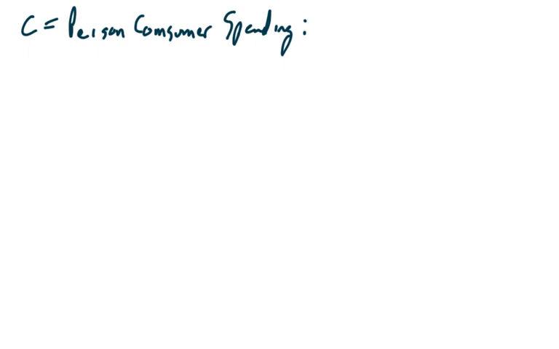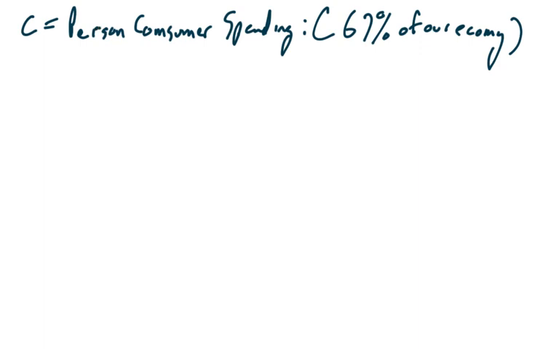All right, and what we need to know, right, is that 67% of our economy is based on consumer spending. Remember, we have trillions of dollars. Our economy is worth trillions of dollars. And 67% of that is our spending alone.